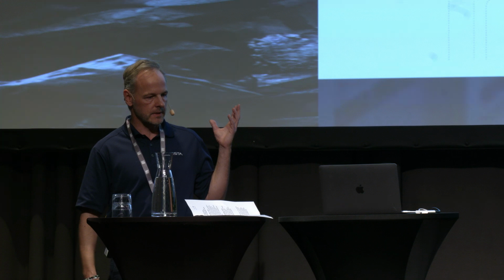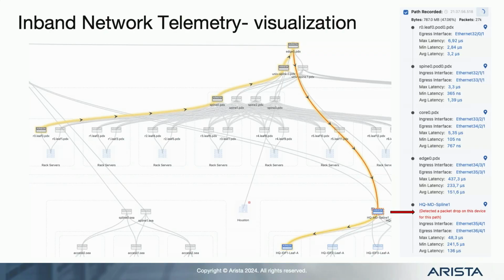I have a clicker. So this is what it can look like. There is a flow passing through 6 switches. To the right, you can see information about their path record: ingress interface, egress interface, average latency through that switch, minimum latency, and maximum latency.